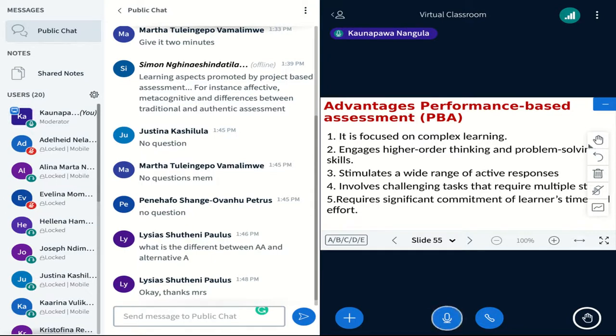And number five, it requires significant commitment of the learner's time and effort. So it's not just study, memorize the content, write the test and forget about it. Rather, with PBA there is so much more time that learners need to invest in their project, and so much more effort.